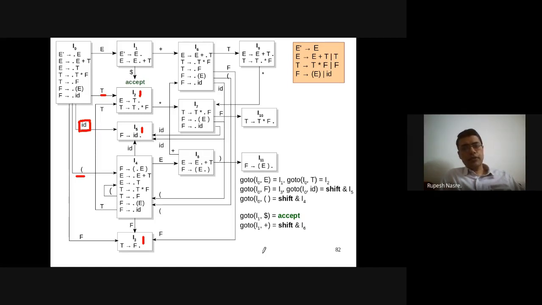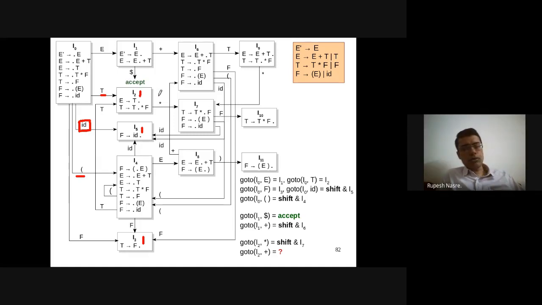Is there anything else that we require here? Right, so that is the question. Okay, so let's understand that. What we are asking is, one, when to apply the reduce, and the second, what happens, for example, in I2 on plus.